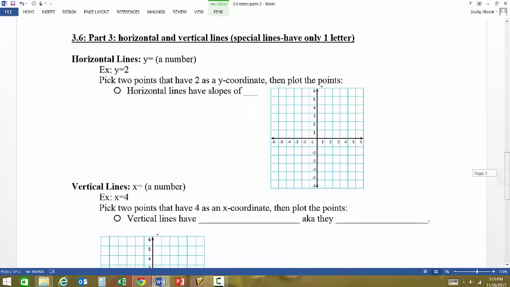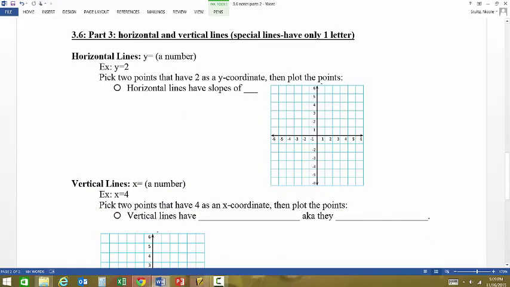The second part of this deals with horizontal and vertical lines, remembering that horizontal means left to right and vertical means up or down. So if you're asked to graph the equation y equals 2, right away I want you to realize this is a special line because it only has one letter. If there's no x, then it's going to be a horizontal line.